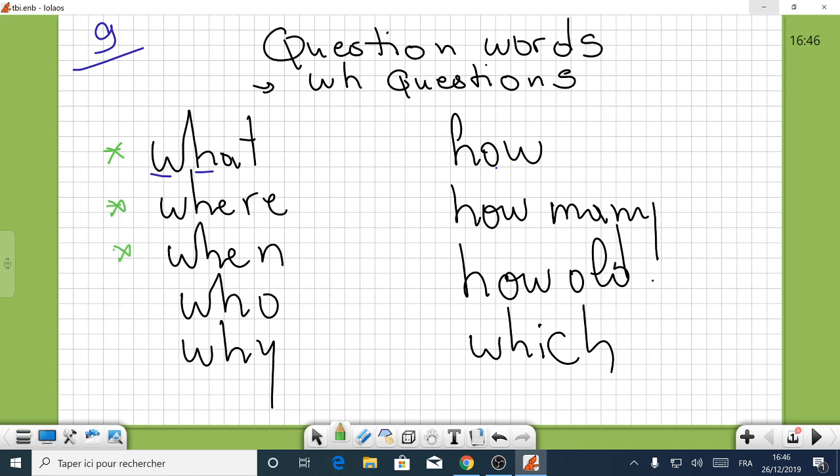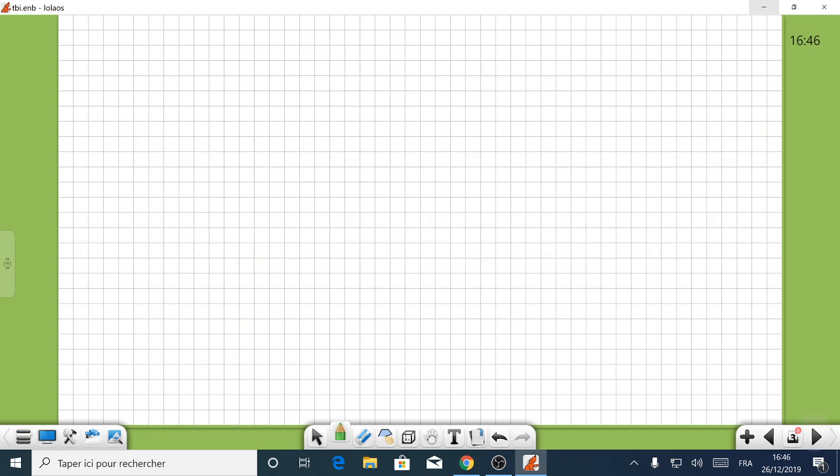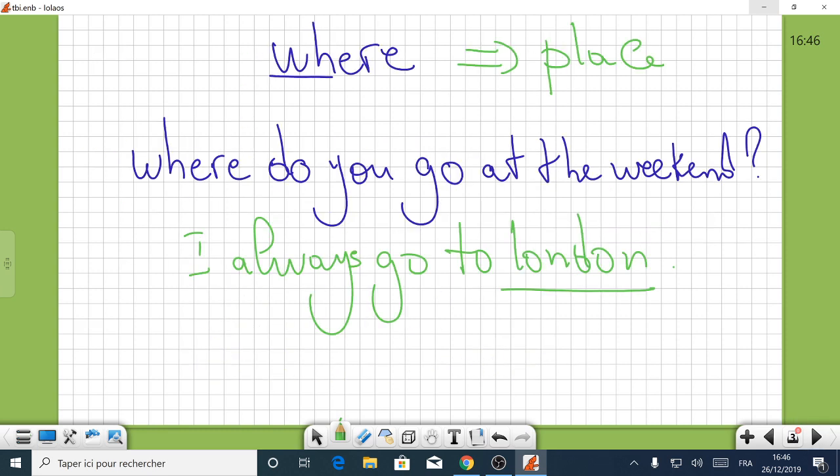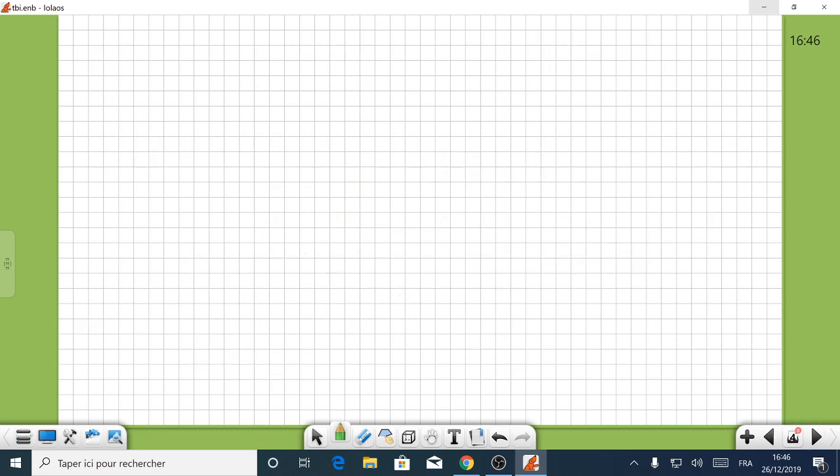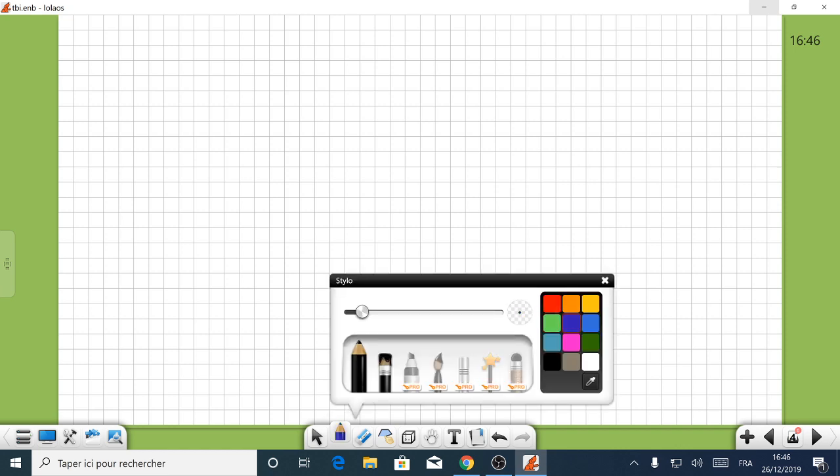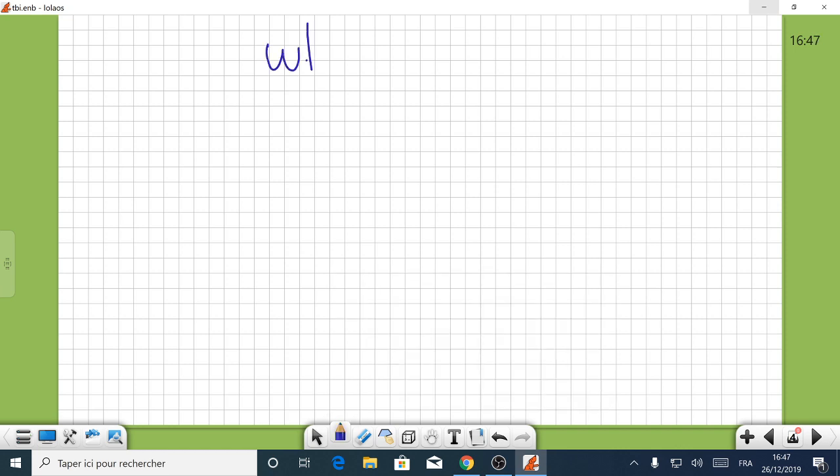So we have seen what and where. Now we go to the next question word, which is when. I take the blue pen as usual and I write when, and I give you another example with when.